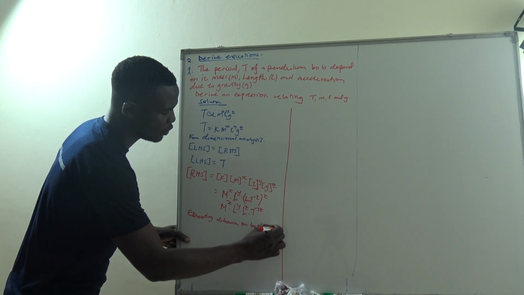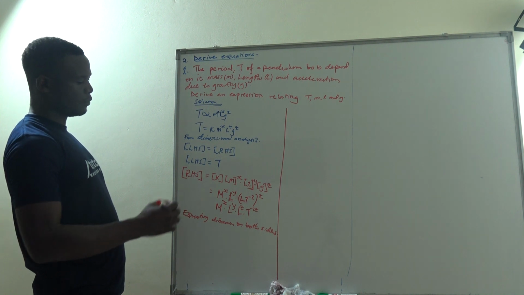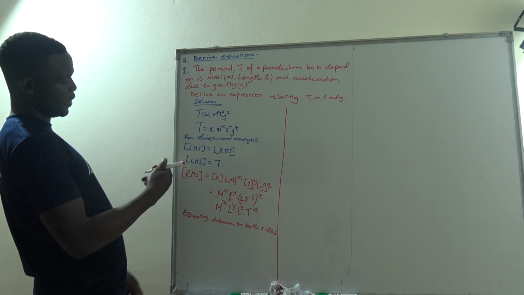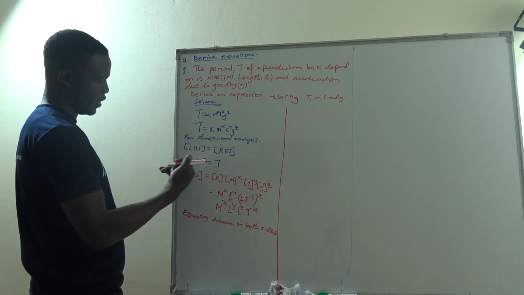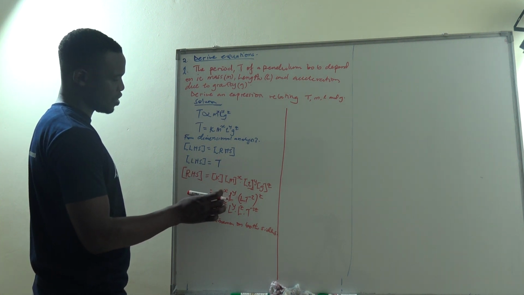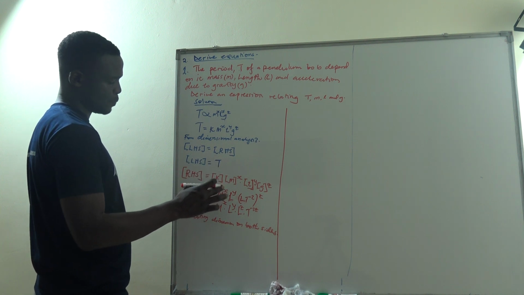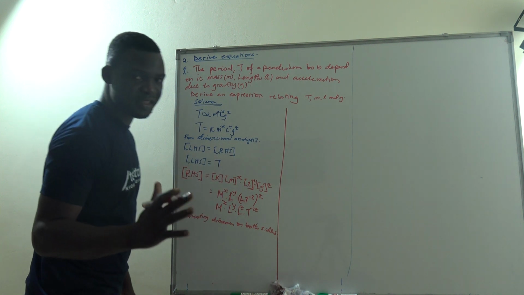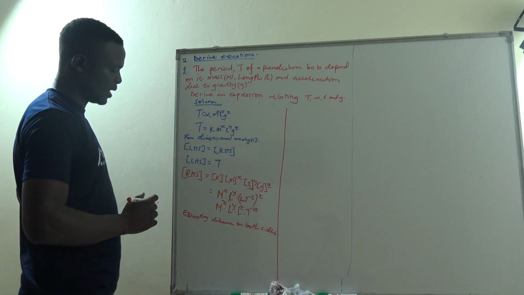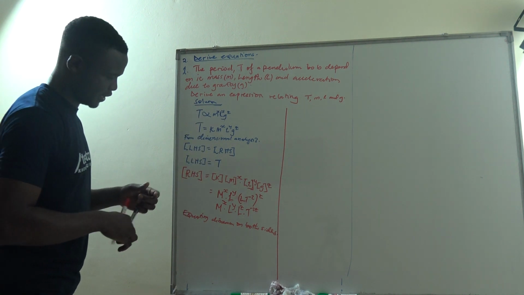On the left-hand side, we only had T. We also have M on the right; since we have M there, it means we also had an M on this side, but it was to power 0. Anything to power 0 is always 1, and the 1 is silent. We will not waste time writing it.